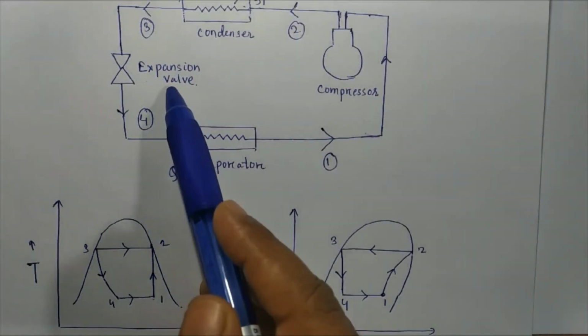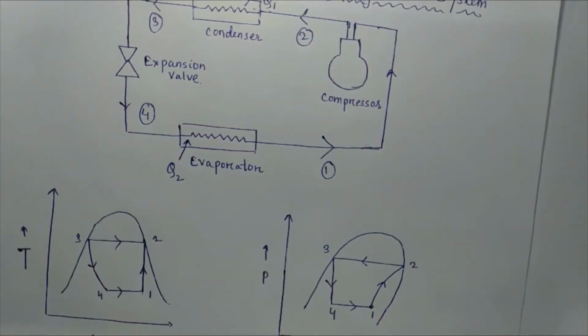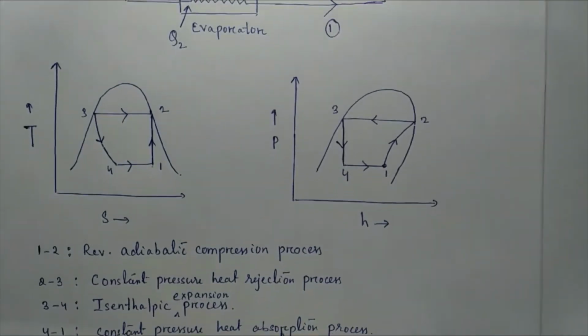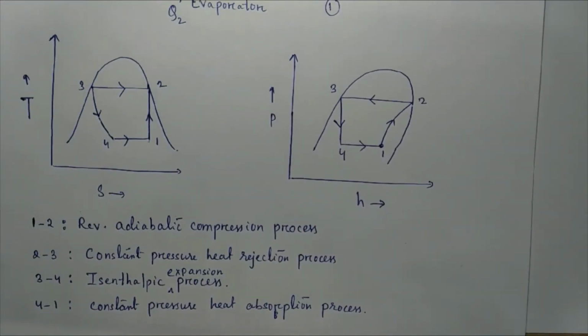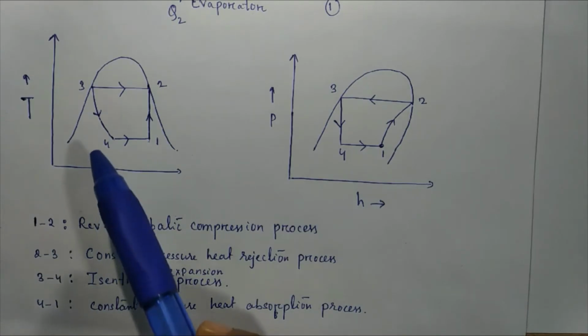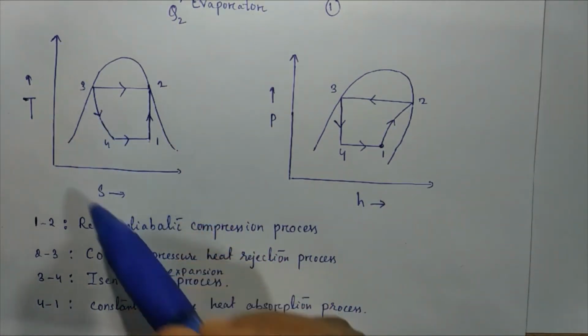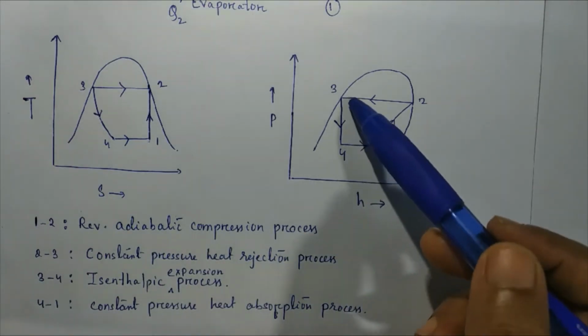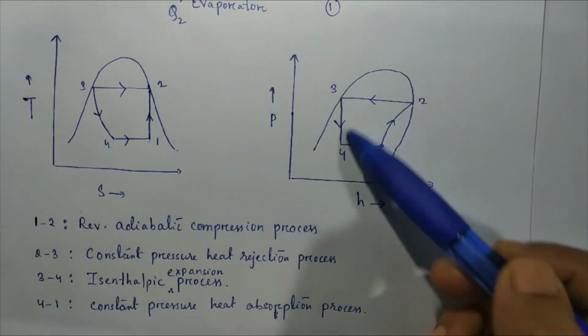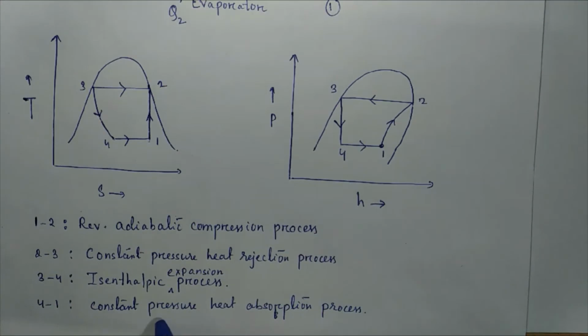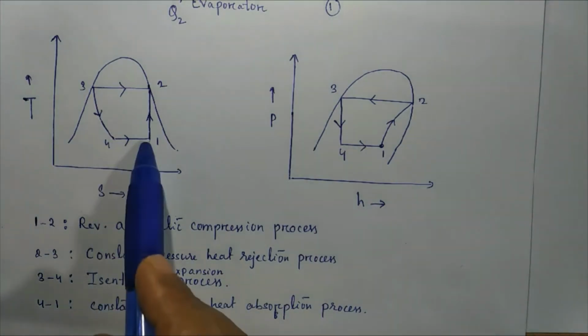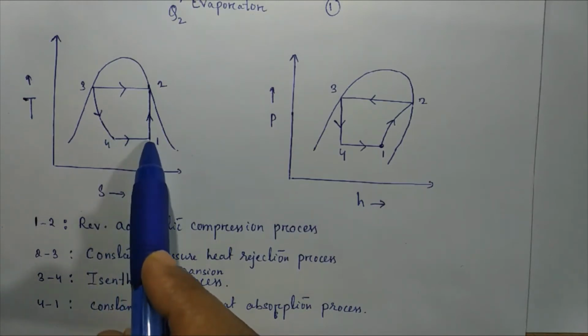During this process, what happens? The enthalpy remains constant, which is clearly visible on this PH diagram. So 4 to 1 is the constant pressure heat absorption process, that is for the evaporator.